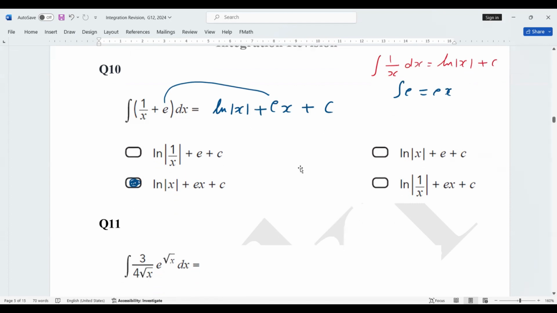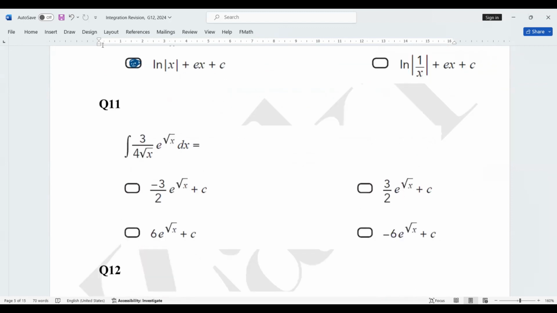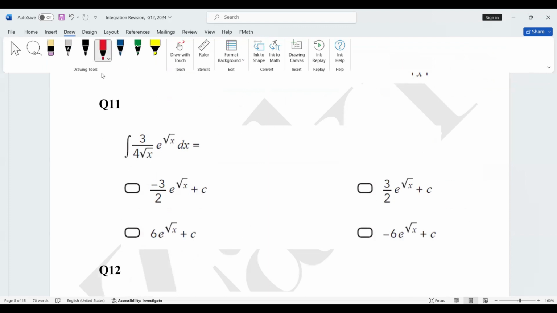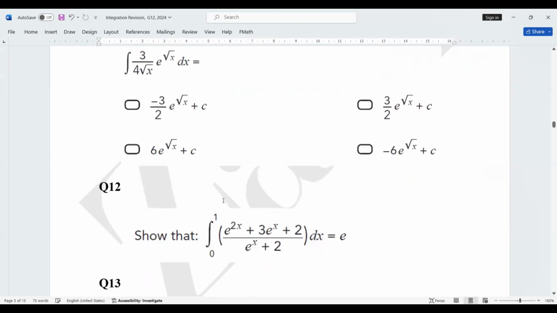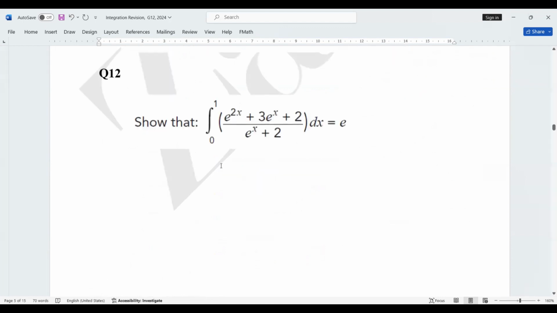Now, question number 11 will be a homework for you. Question number 12. Try to solve number 12. Show that.